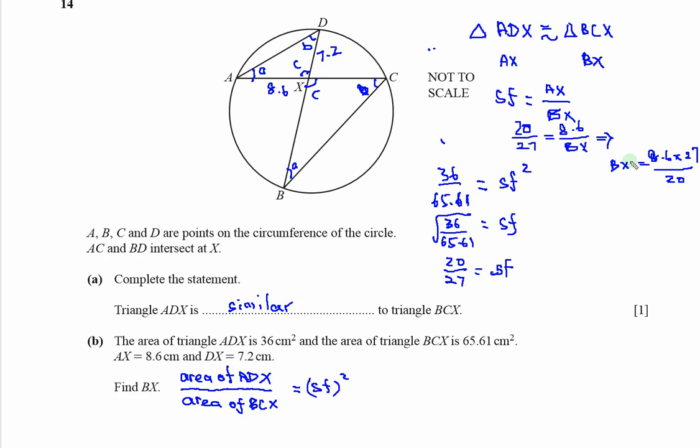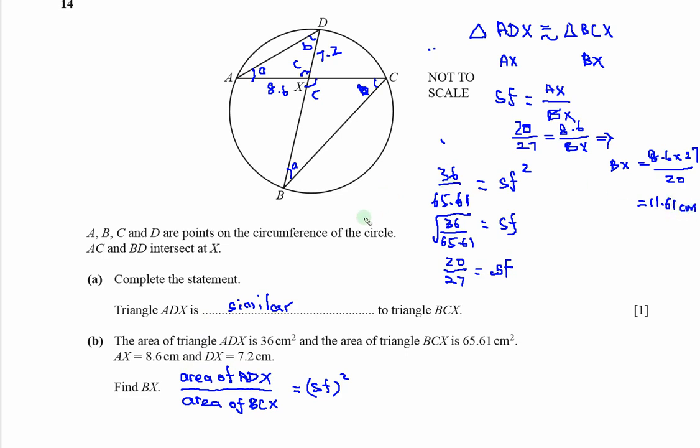Okay, so 8.6 times 27 divided by 20, you get a value of 11.61. So this will give you 11.61. The unit is cm. I should write cm here.